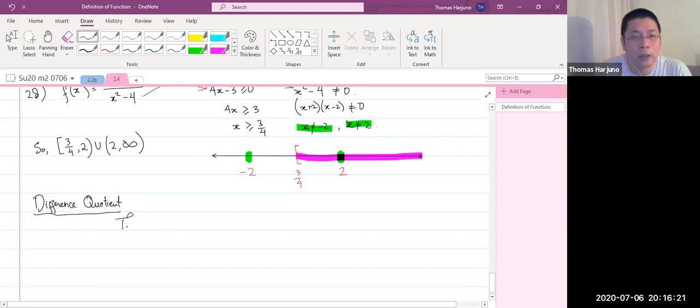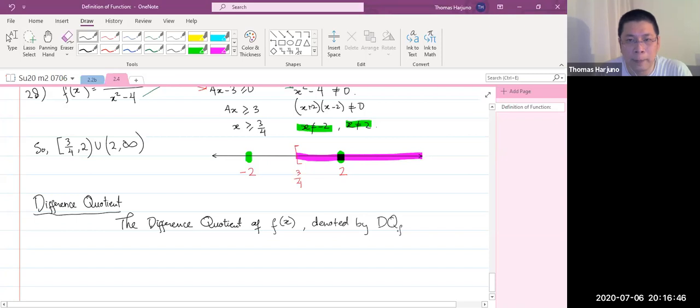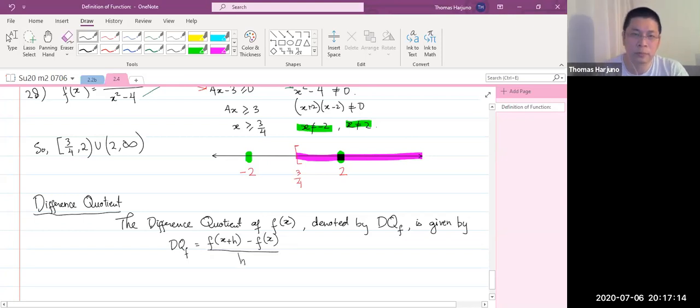The difference quotient of f(x), the function f(x), denoted by DQ subscript f, is given by DQ_f equals f(x plus h) minus f(x) over h. Okay, that's the difference quotient.